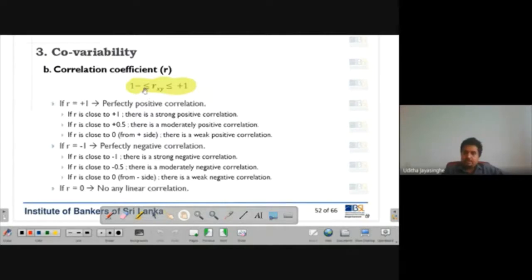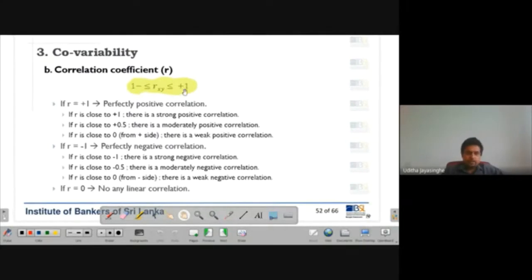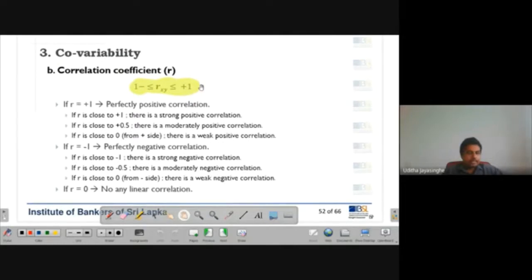So typically students, from -1 to +1 is the range that you will find the Rxy no matter how you calculate the equation correctly. At the exam, that's an important indicator for you to remember. If you calculate Rxy and you get a value like 2.5, obviously your value is wrong.